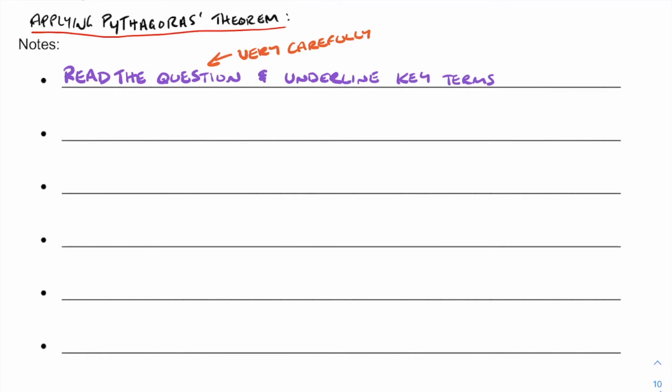So that's why we need to read it carefully. So go over it really slowly, go over it a couple of times, underline those key terms, okay, or highlight them, whatever you need, so that you know what you need to pull out from those words.